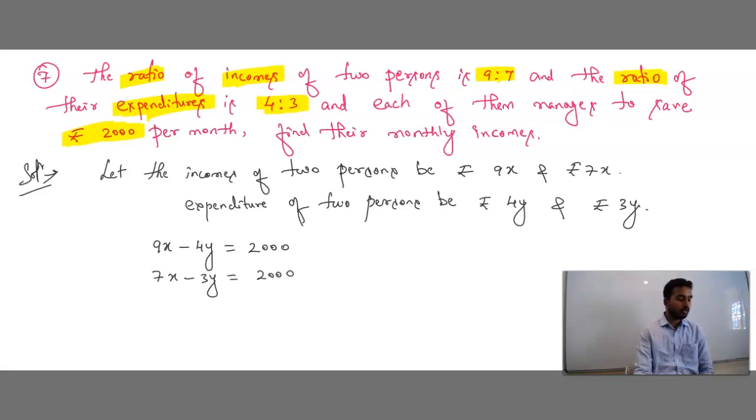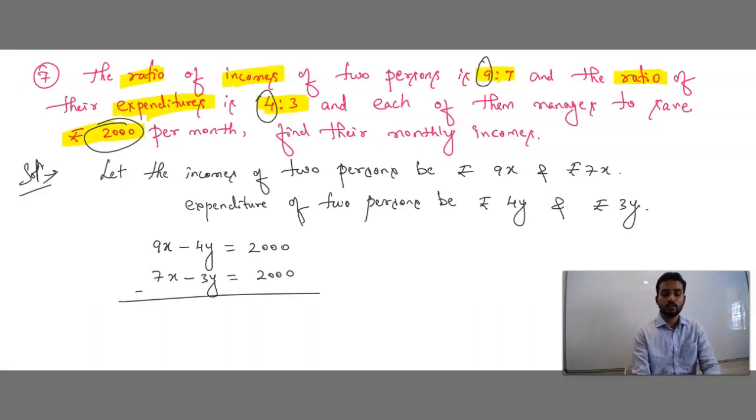Is this clear? So 9x minus 4y: the difference between these two first terms is 2000. Again, the difference between the next two terms is 2000. So 9x minus 4y equals 2000, and 7x minus 3y equals 2000. These are simultaneous equations.